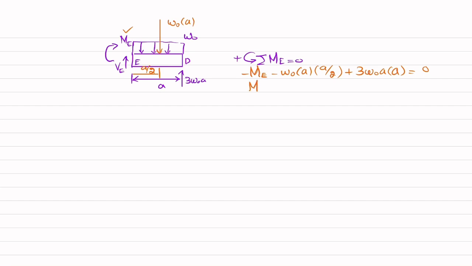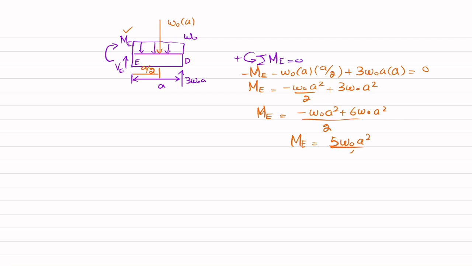So moment about point E will be equal to minus w naught a square over 2 plus 3 w naught a square. So if you take the LCM, it will be minus w naught a square plus 6 w naught a square. So moment about point E will be equal to 5 w naught a square over 2.